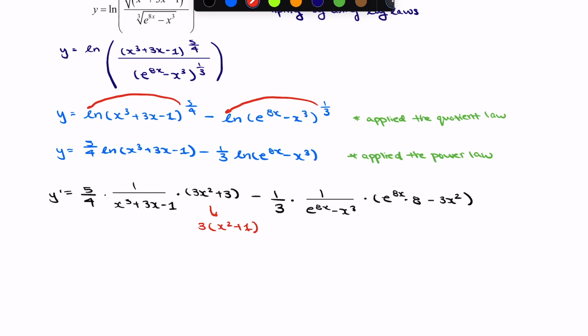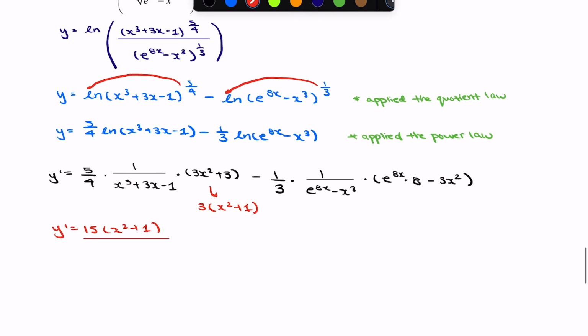So 3 times 5 would give us 15. So y prime is equal to 15, and at the top we would have x squared plus 1. On the bottom here, we have 4 times x cubed plus 3x minus 1.